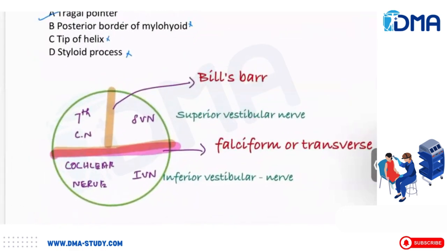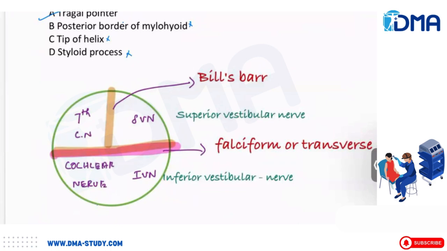So the facial nerve, cochlear nerve, and vestibular nerve all will be coming in or going out of the temporal bone through the internal auditory meatus. This internal auditory meatus will form an important landmark called Bill's spot. Okay, the seventh nerve will be above, the cochlear nerve will be below. Example: a bar having a table, 7-Up kept above, Coke kept below.